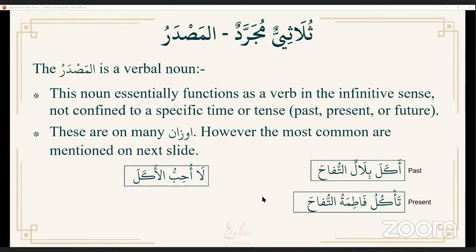Understood, brothers and sisters? Is masdar clear to you? Okay, can I proceed to the next slide, or do you still have a doubt or any question?